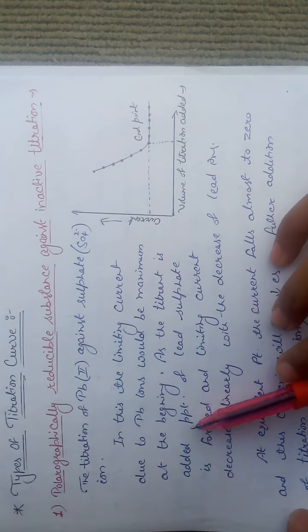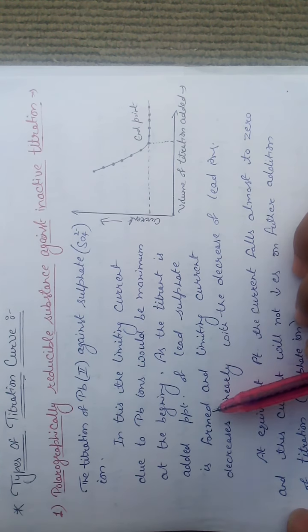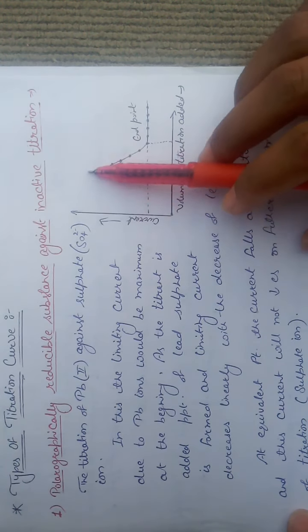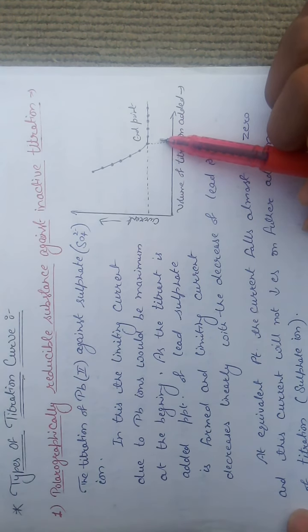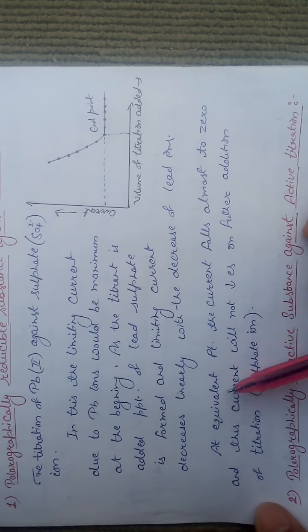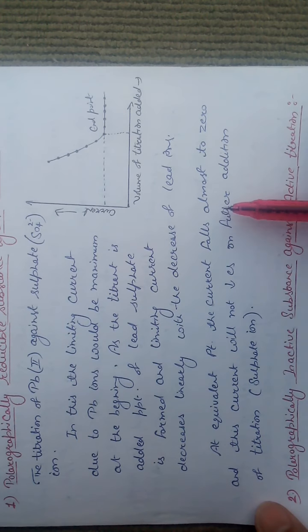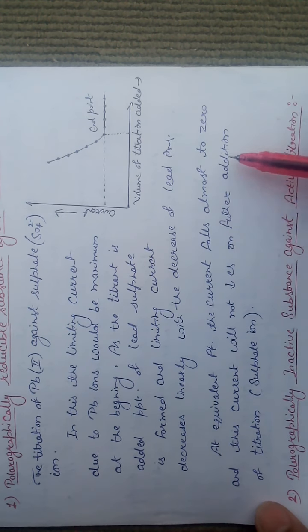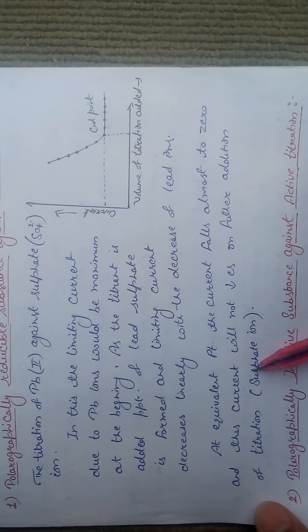As the titrant is added, a precipitate of lead sulfate is formed and the limiting current decreases linearly with the decrease of lead ions, as shown in the diagram. Right? At the equivalence point, the current falls almost to zero, and it will not change on further addition of titrant, that is sulfate ions. Right guys?